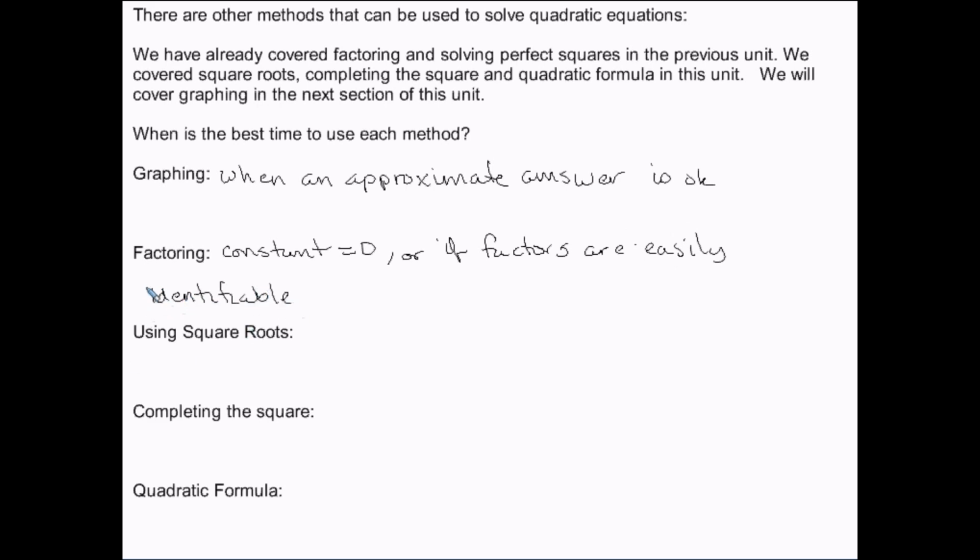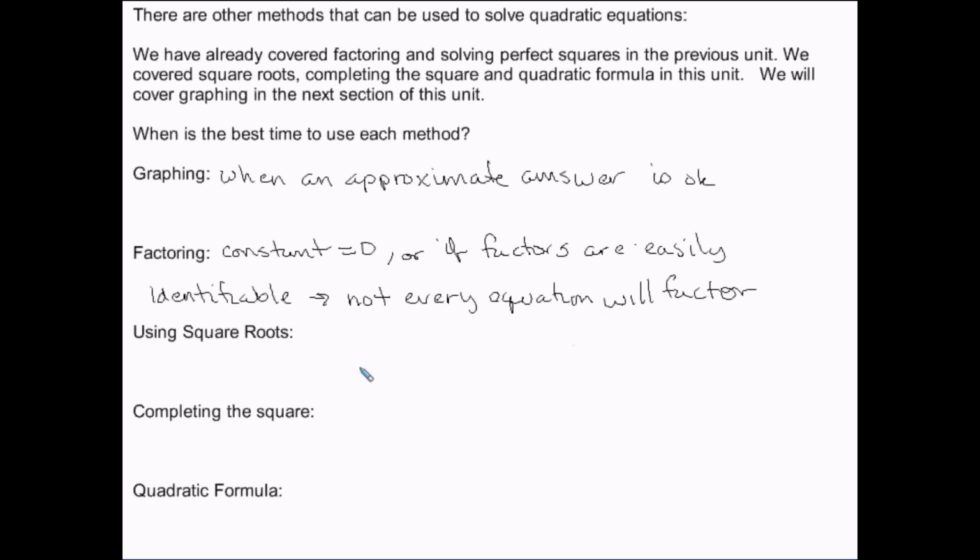So factoring is not the best method if you have to go on a giant search trying to find the factors. And you also need to keep in mind that not every equation is factorable. So this is not always a method to use.